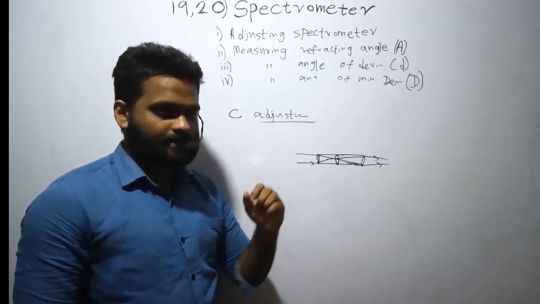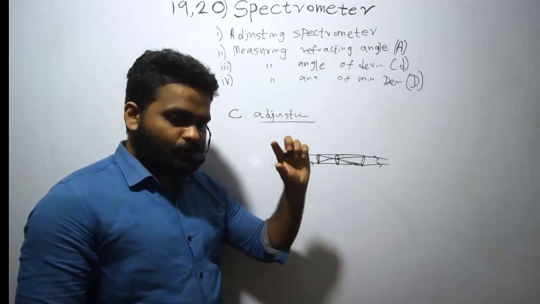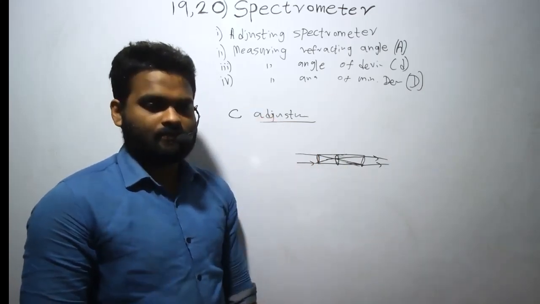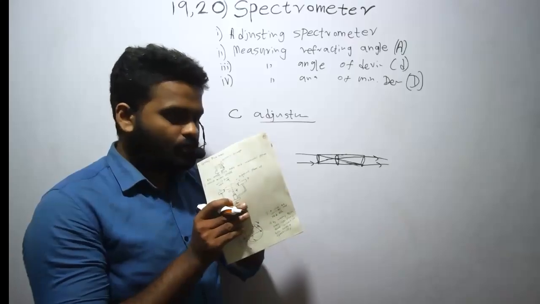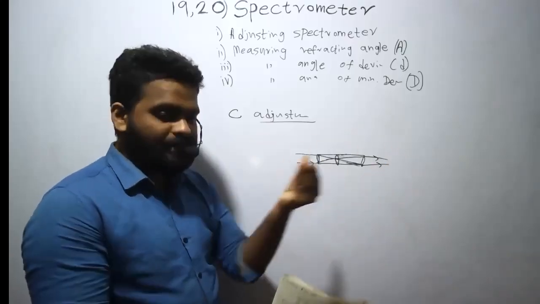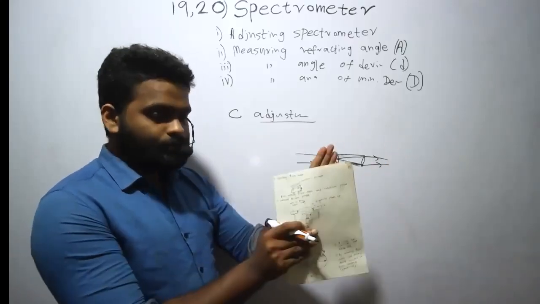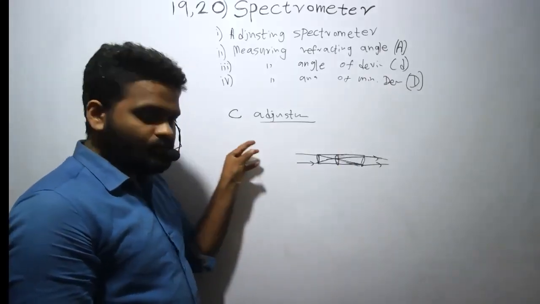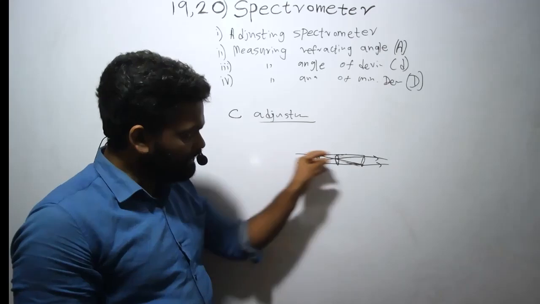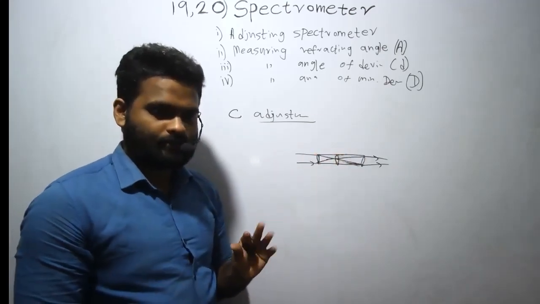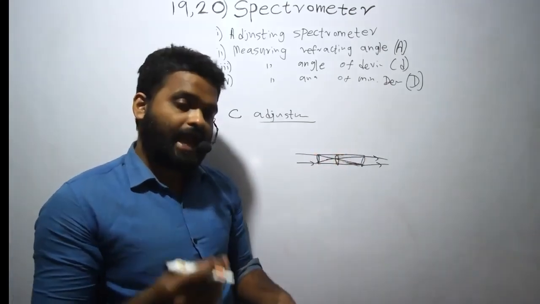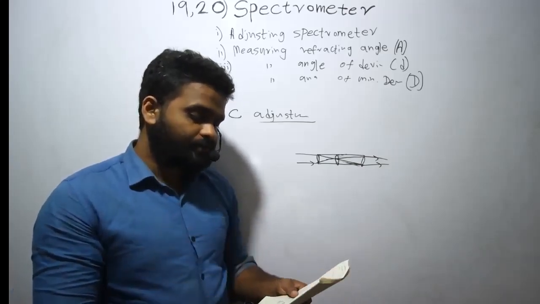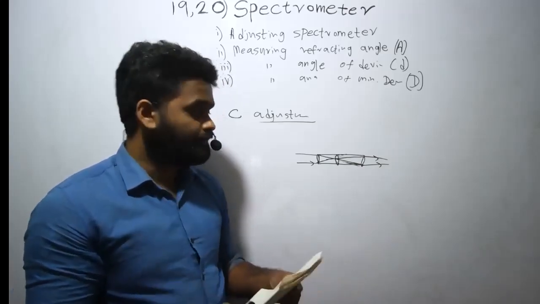Adjusting the collimator means the collimator should only produce parallel light. Parallel light means all the light rays coming from the collimator should be parallel to each other, so you can send those light beams into the telescope. That is what we call adjusting the collimator. The collimator should only produce parallel light.